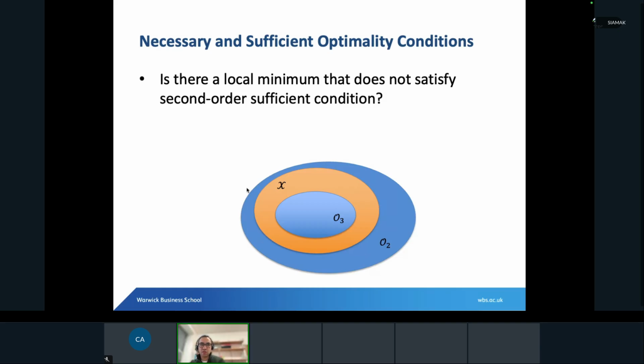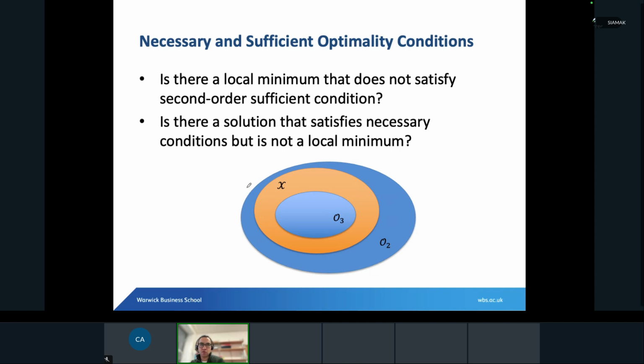The second question that I have on this slide is, is there a solution that satisfies the necessary condition but is not a local minima? The first order necessary condition is that the first derivative is equal to 0. I already answered this question: we may have f of x being x cubed, and then at x equal to 0, it satisfies the condition, but it's not a local minima.